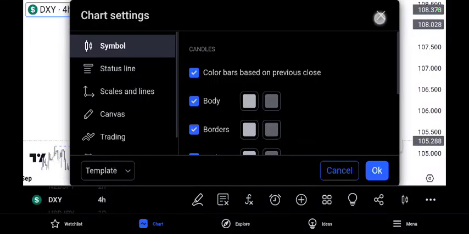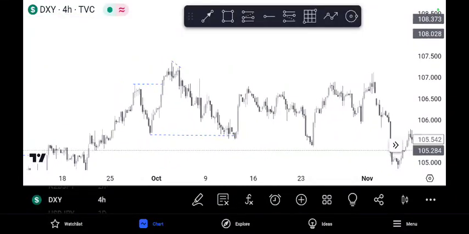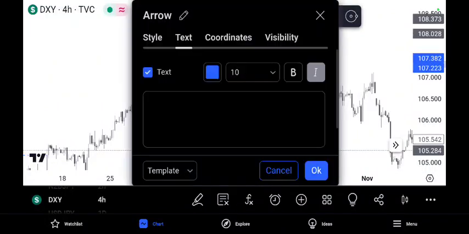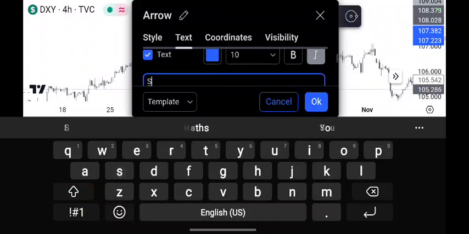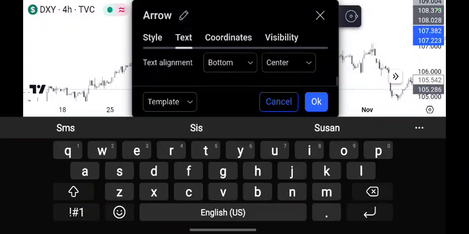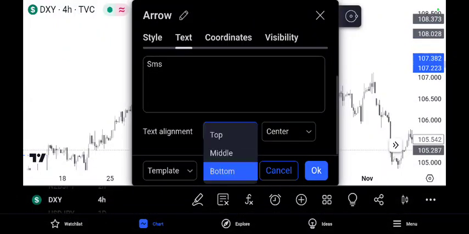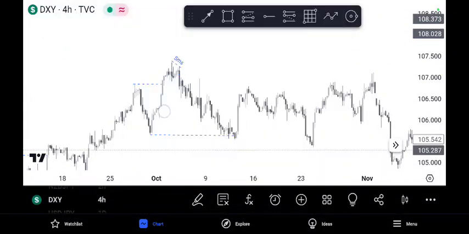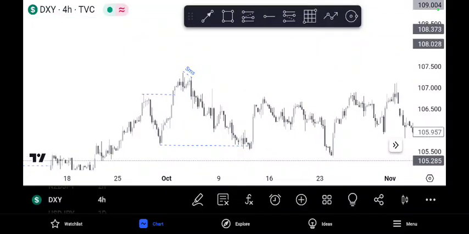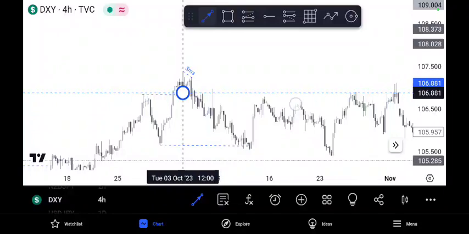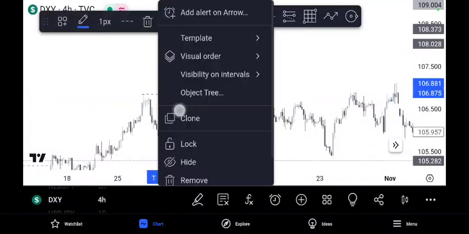If I should go to the 15 minutes, we're going to see that very clearly, but I can't go there now. It will be very difficult to go there now. We have our XMS there, and what happened? We have our BMS here to the downside.